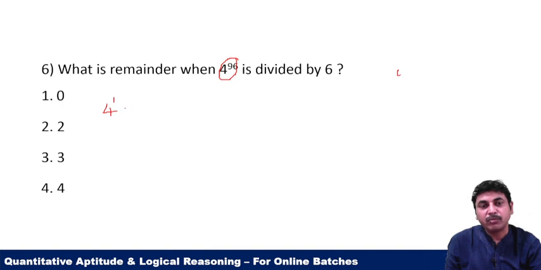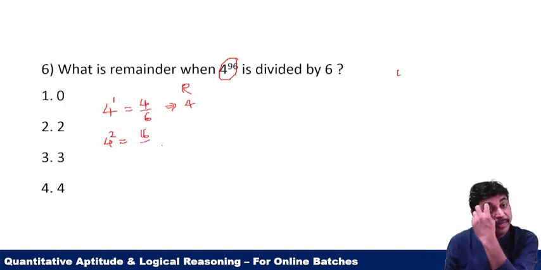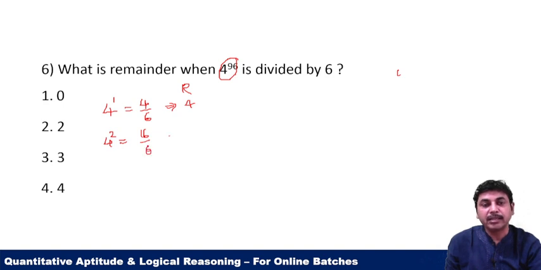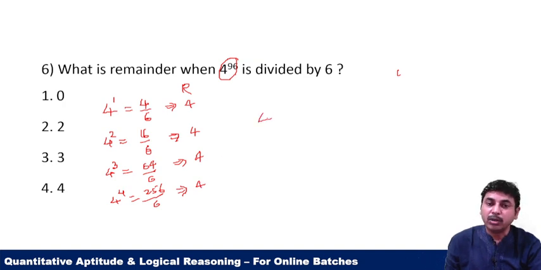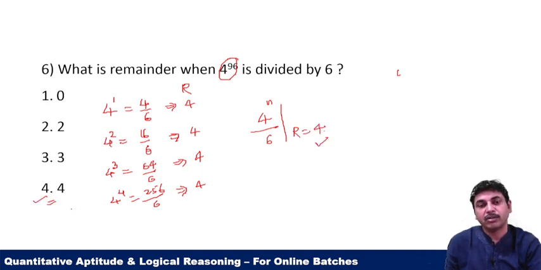If you divide powers of 4 by 6: 4 raised to 1 is 4, and when you divide 4 by 6, the remainder is 4. 4 squared is 16, and when you divide it by 6, again remainder is 4. 4 cubed is 64, and dividing by 6, again the remainder is 4. 4 raised to 4 is 256, and dividing by 6, again remainder is 4. So we can say 4 raised to any power n divided by 6, the remainder will be 4. So your answer is option number 4.